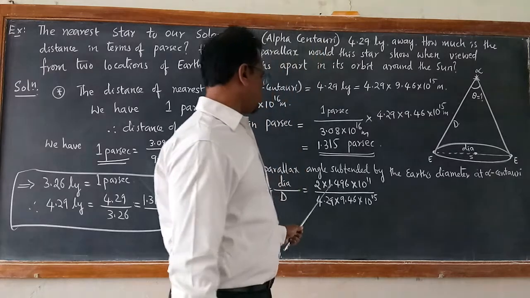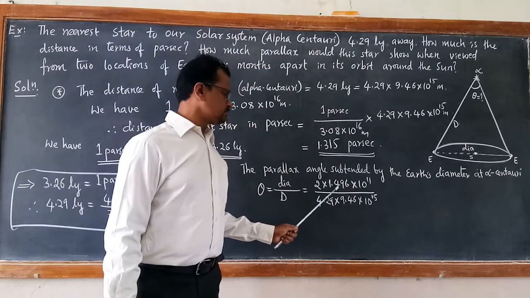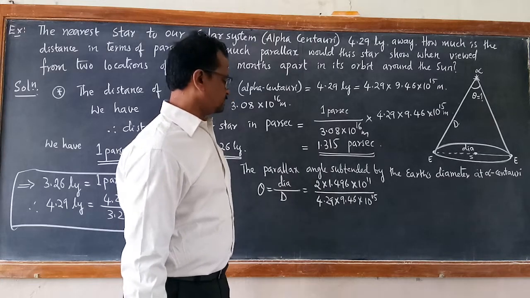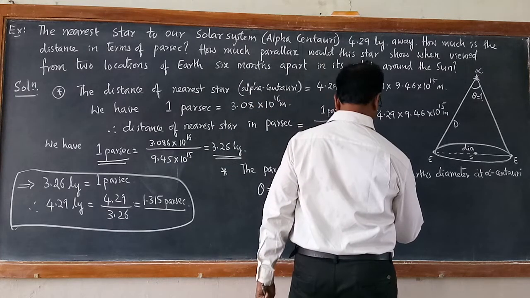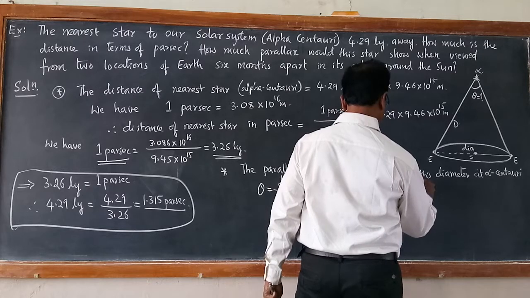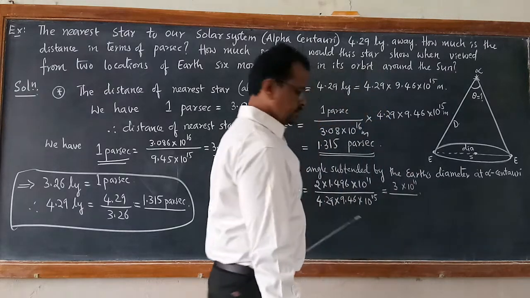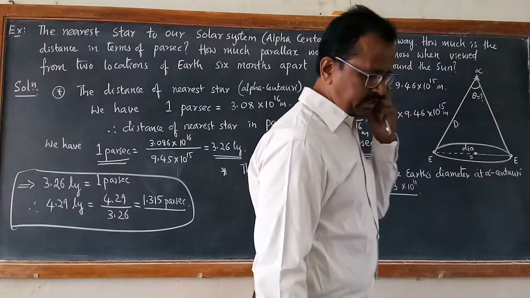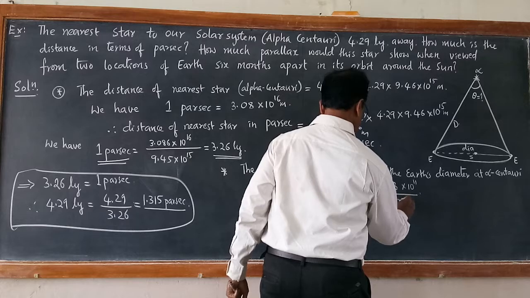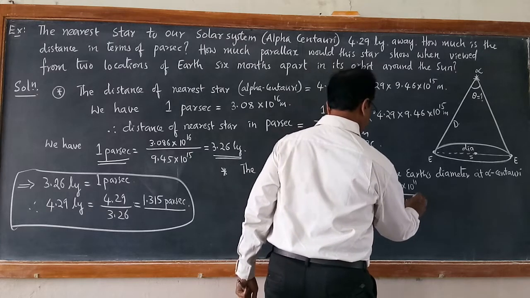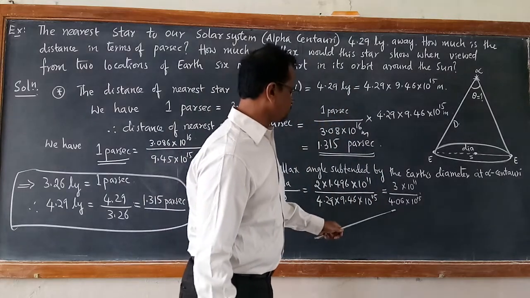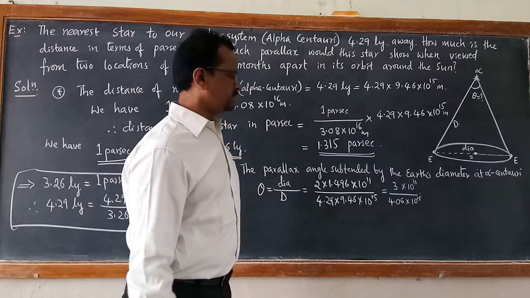If you take 1.496 as approximately 1.5, the numerator becomes 3 into 10 raised to 11, divided by the denominator, 4.06 into 10 to the power of 15 meter.